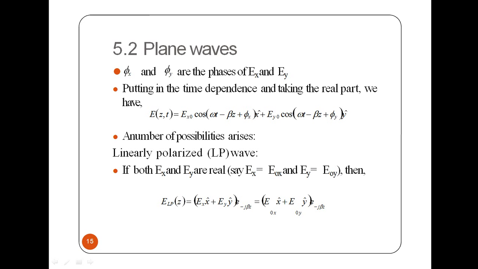As we know, the tip of the electric field takes its positions, and depending upon that we make a drawing of the electric field. So depending upon that we will create the polarization picture, or the polarization value, of the electric field. So linear and elliptical polarization of electromagnetic waves will be discussed in the later lecture.